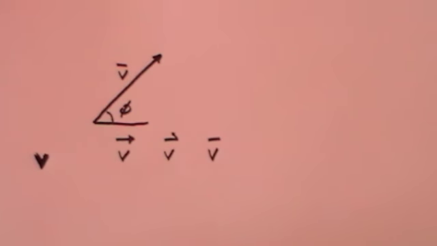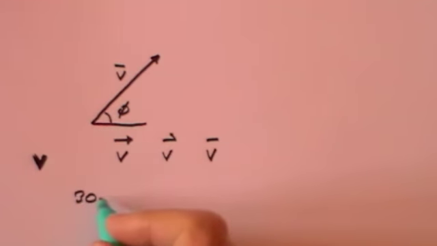And the reason we need to know magnitude and direction is, suppose I say that I'm travelling at 30 miles an hour. That's perfectly fair, that is a speed, but it doesn't help you if I don't tell you in which direction I'm travelling.